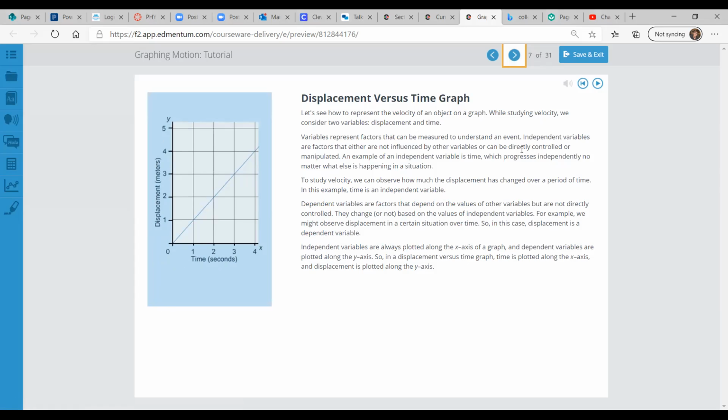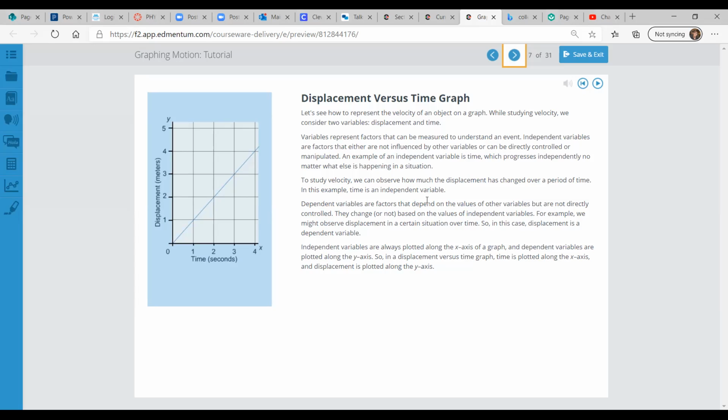While studying velocity, we consider two variables, displacement and time. And variables represent factors that can be measured to understand an event. Independent variables are factors that either are not influenced by other variables or can be directly controlled or manipulated.